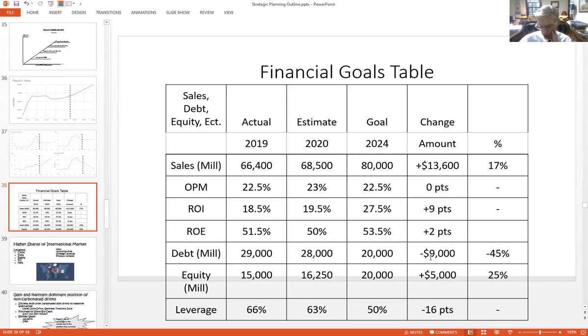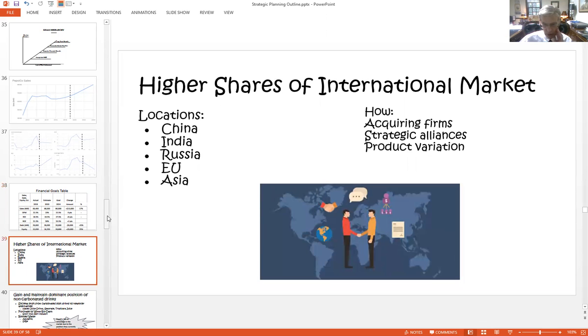When we have a change in dollars or units produced, volumes, when there are aggregate changes, then we can express the percentage change as well as the amount. So this is how we represent the goals. In this particular case, I just copied these folks' slide to acknowledge that they had set goals other than financial goals.